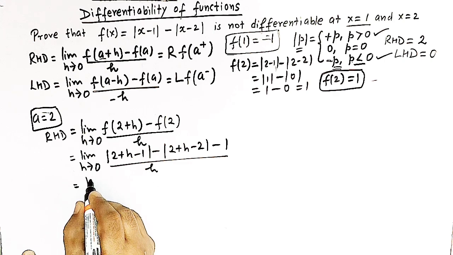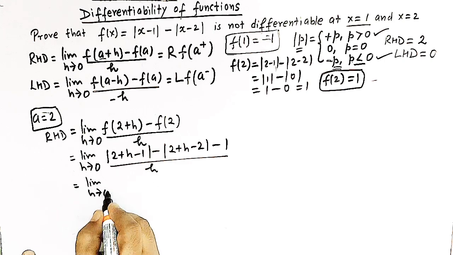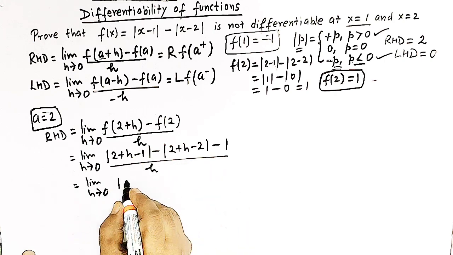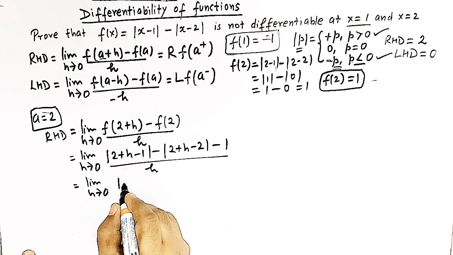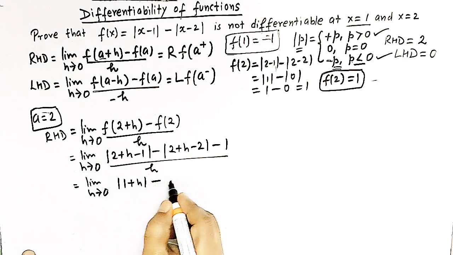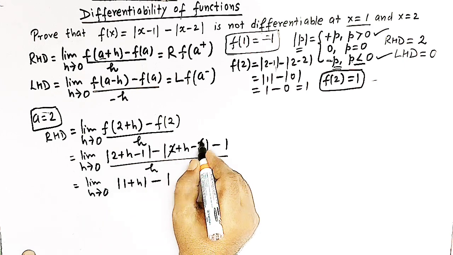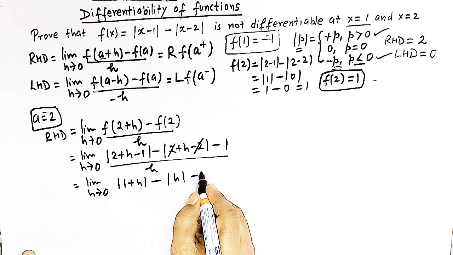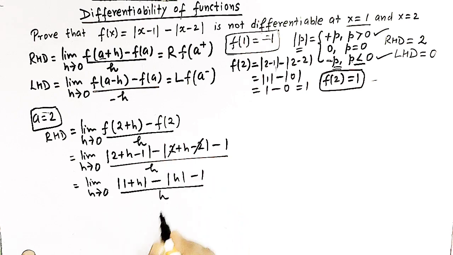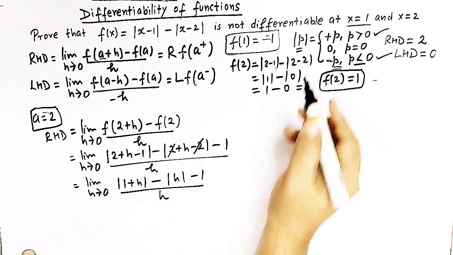So now simplifying this expression, we have mod of 2 minus 1 is 1, 1 plus h, minus mod of 2 plus h minus 2, where 2 and minus 2 get cancelled, and we have here h, right? So now again here we have to use this definition.